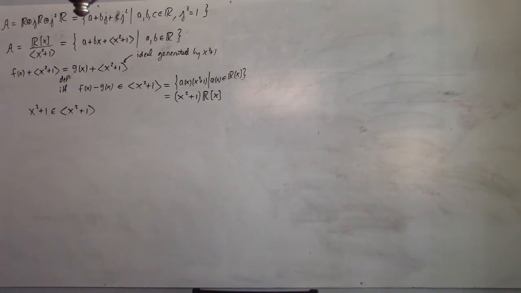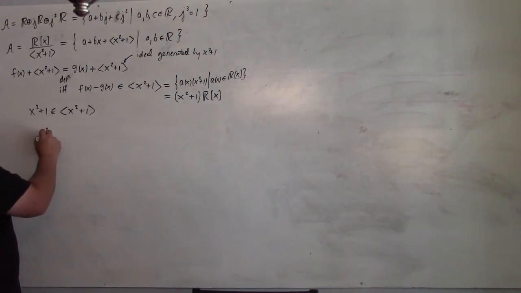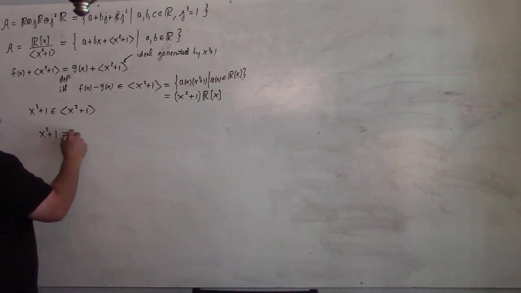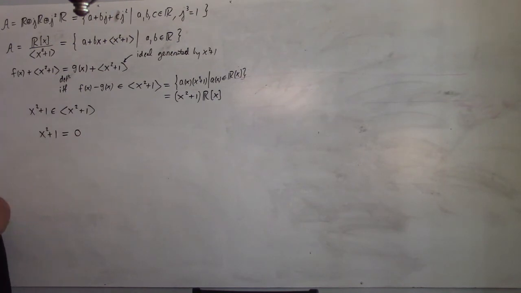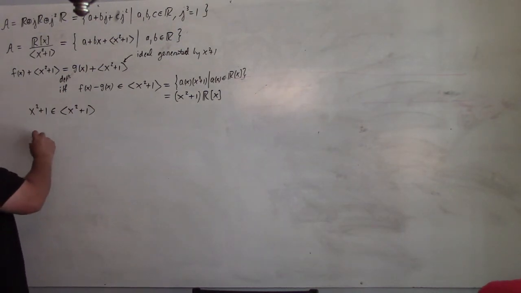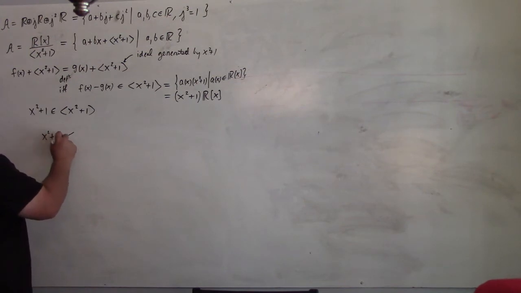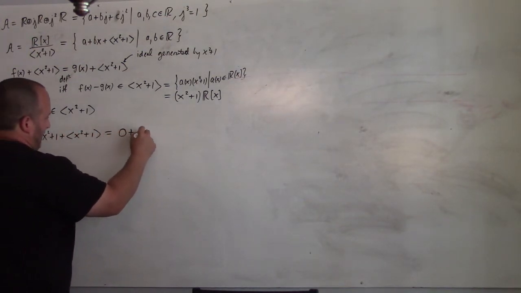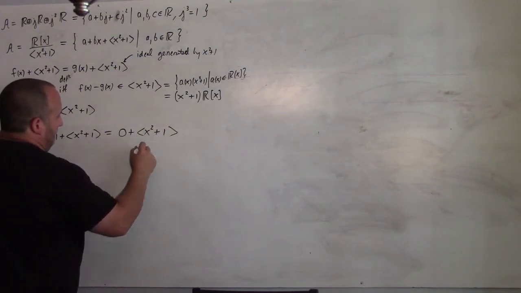So check this out: x squared plus 1 plus this thing, which is getting really annoying to write, is equal to 0 plus this thing. Excuse me, I've already violated the rules of the game.